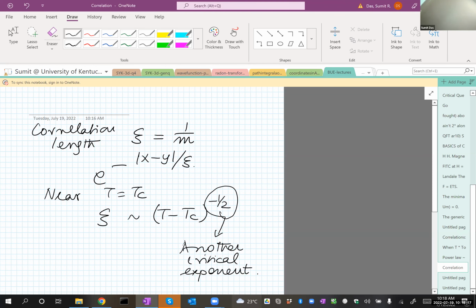There are many other critical exponents which you can define in these systems. You can ask how, for example, the magnetic susceptibility depends on temperature. You can ask how the correlation length depends on an external magnetic field. All of these are powers of T minus Tc or the magnetic field, with some powers which are typically fractional, sometimes not even rational, which are called critical exponents.